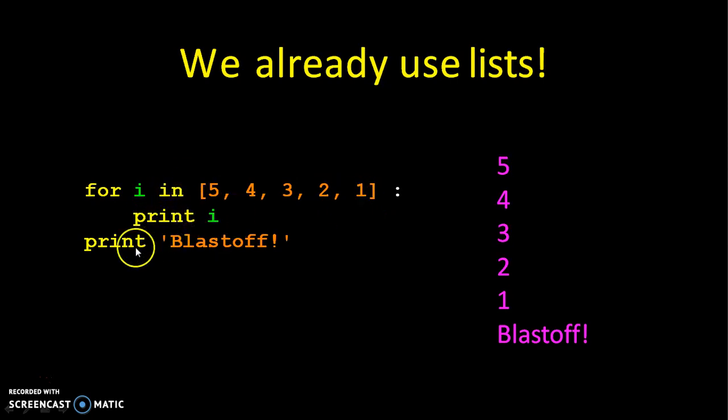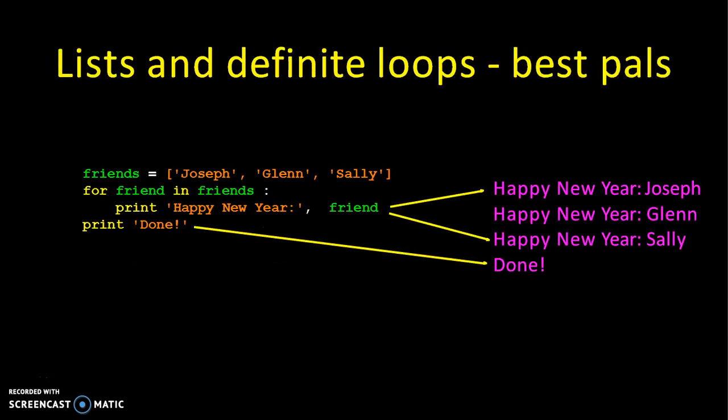After printing all the values, it will display the print blast off. That is one kind. Another one: friends equals Joseph, Glenn, Sally. For friend in friends, print Happy New Year to each friend. The output will display like this: Happy New Year Joseph, Happy New Year Glenn, Happy New Year Sally, and at the end it will print done. So this is how we can use lists.